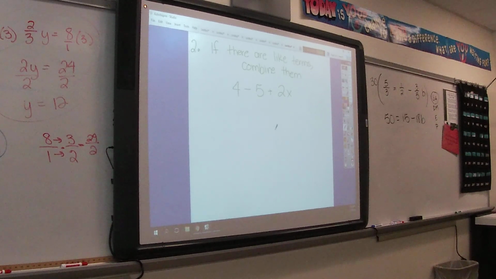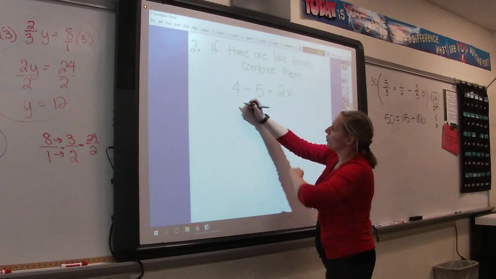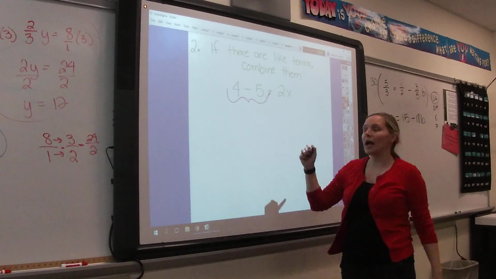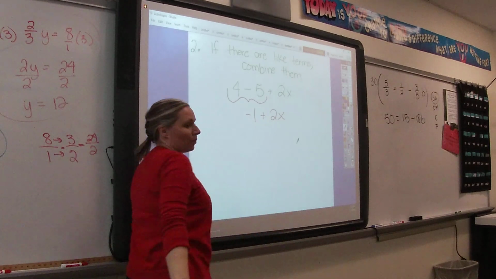Okay, but we just said it was like variables, but I don't see that variable more than one time. So what are my like terms here? 4 and 5. Right, the regular numbers. No variable means they have the same variable, right? This one has no x's, and this one has no x's, so these can go together. Right, so 4 minus 5 is -1 plus 2x.